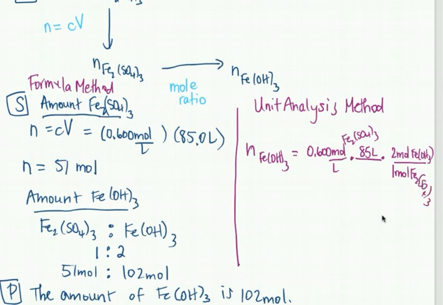All right, and then we just stop there because that's all we need to find here. So the liters will cancel out, the moles will cancel out, and then it leaves moles, which is what we want, okay? So when we go through 0.6 times 85 times 2 at the top, divided by just 1 at the bottom, you end up with 102 moles, like that, okay? And then you just write your final statement.